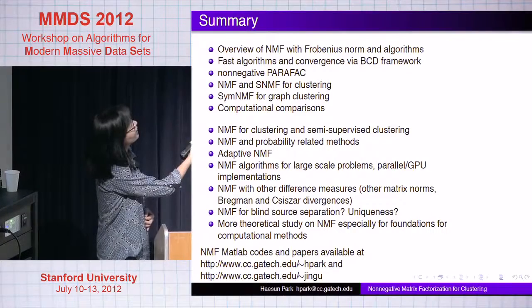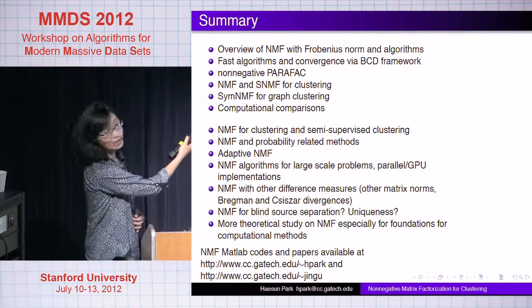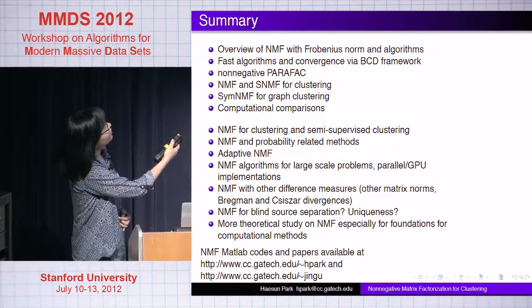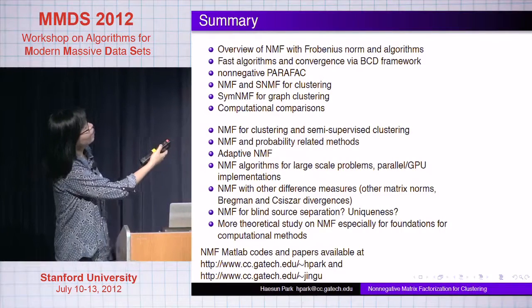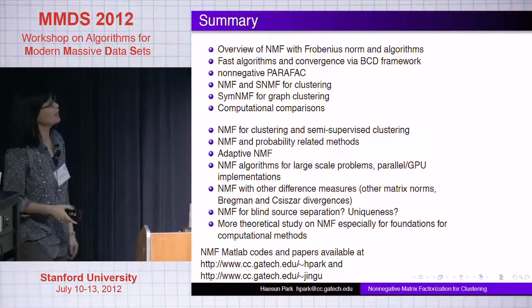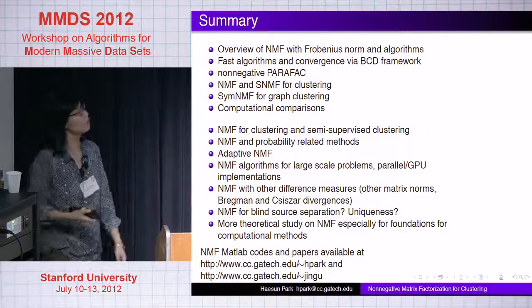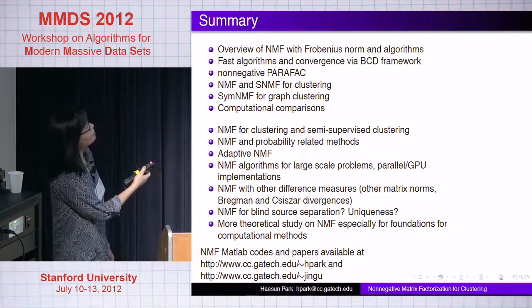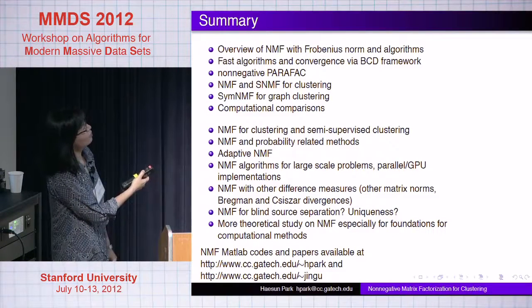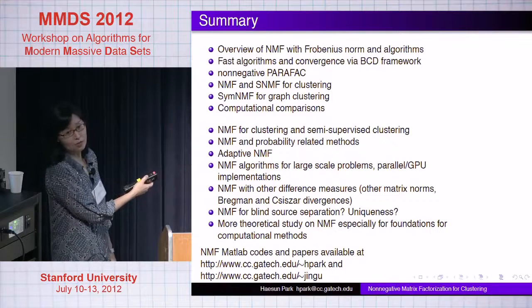We are working on relating NMF to latent Dirichlet allocation, and we have adaptive NMF. We are also doing NMF implementation for really large scale problems using GPU implementation, and NMF with other difference measures.